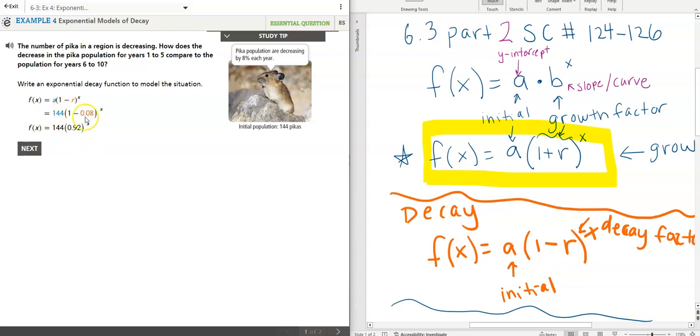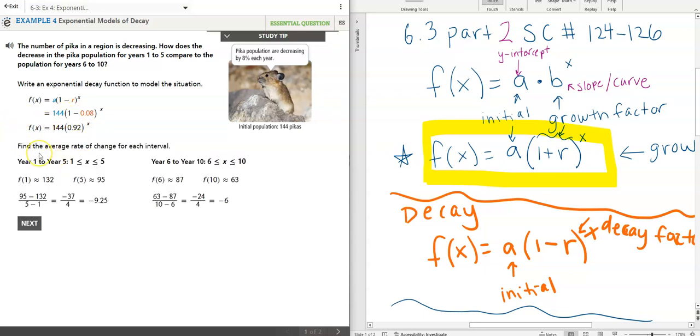If I subtract that, I'll get 0.92. So this is my exponential decay equation.